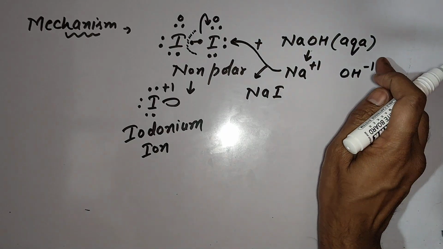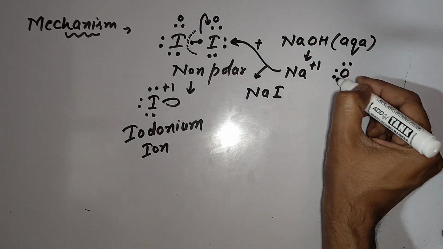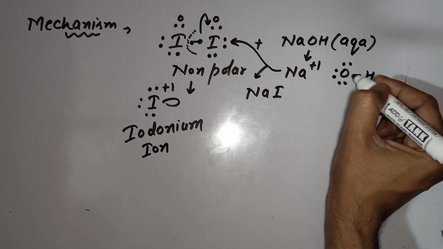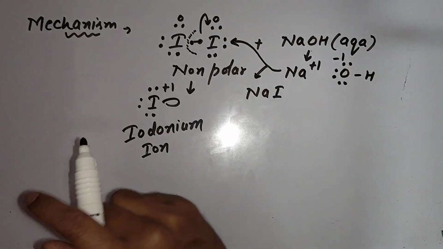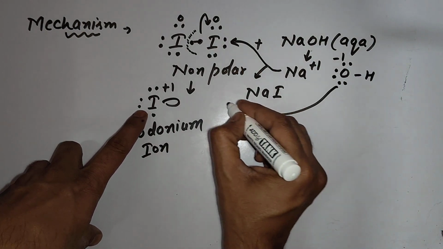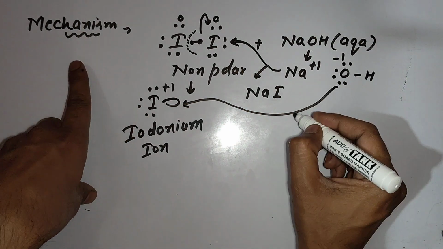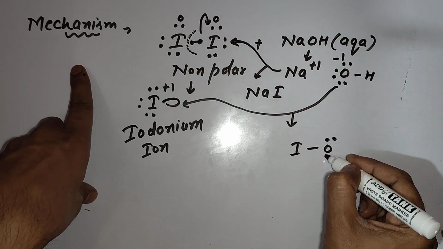Here we have a negative particle, OH. In OH, this oxygen is carrying 3 lone pairs with a negative charge because it has 1 extra electron. With the lone pair, it will start attacking this iodonium ion, due to which a bond between iodine and oxygen will generate.